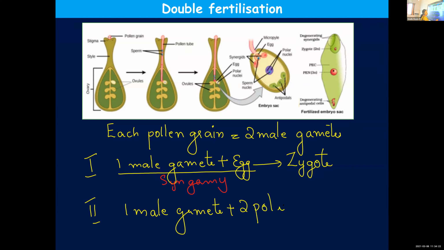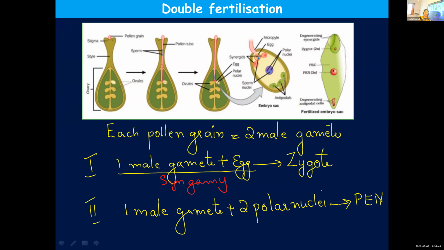You already learned that these polar nuclei don't have a cell wall covering, just the nuclei. So it will combine with the two polar nuclei in the center, and it forms PEN. PEN means primary endosperm nucleus, which will later develop into endosperm.